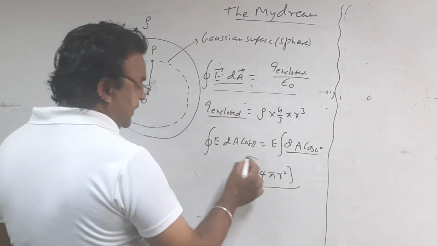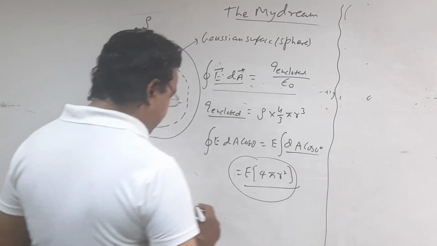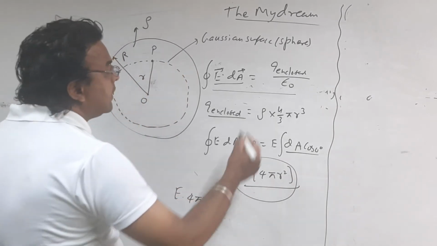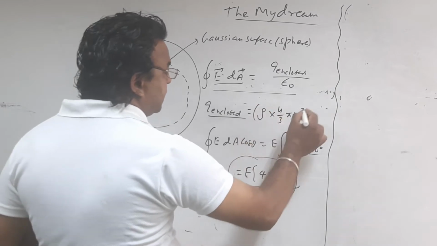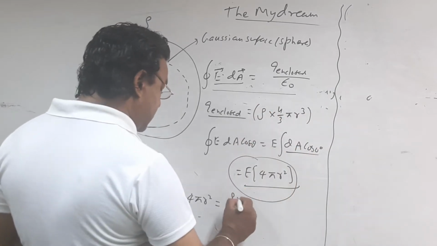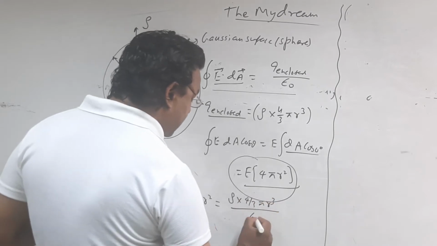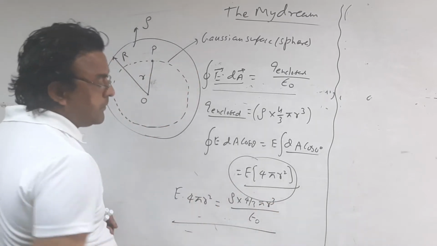Now I do further. E dot dA is E into 4 pi r square, and right side charge enclosed rho into 4 upon 3 pi r cube upon epsilon naught.